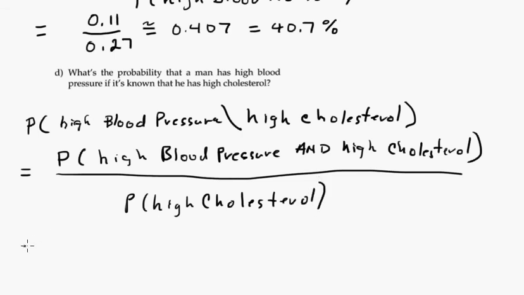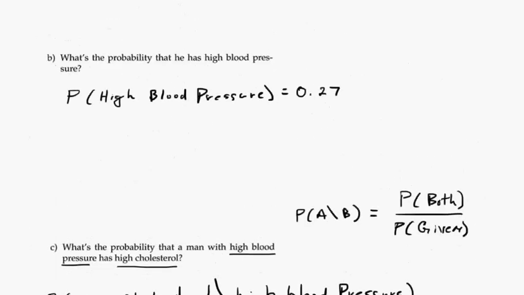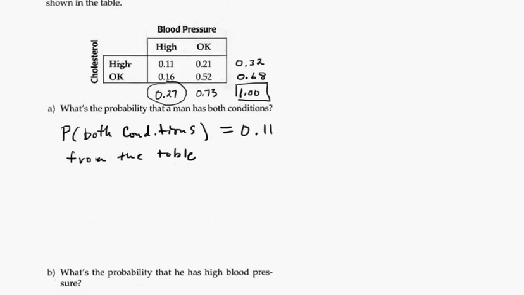The top part is the same as the one above, so the probability of both is 0.11. Now what's the probability of high cholesterol? Well, you can have high cholesterol and high blood pressure, or high cholesterol and okay blood pressure. It could be either one, so you have to add those.